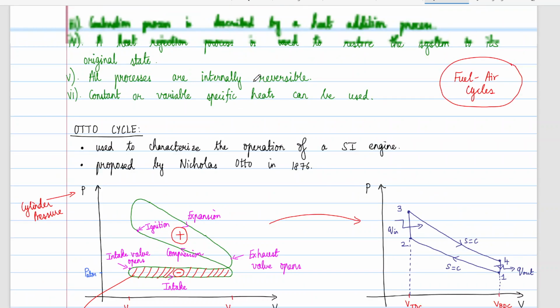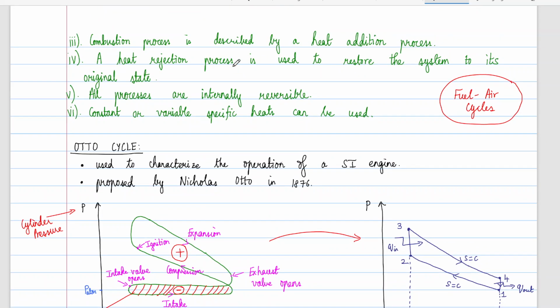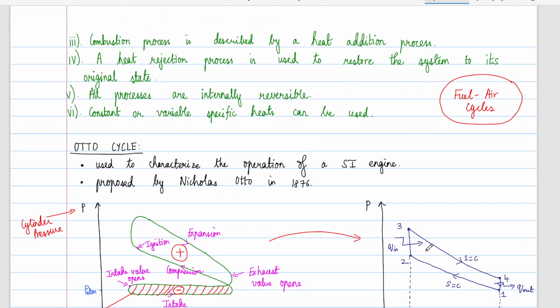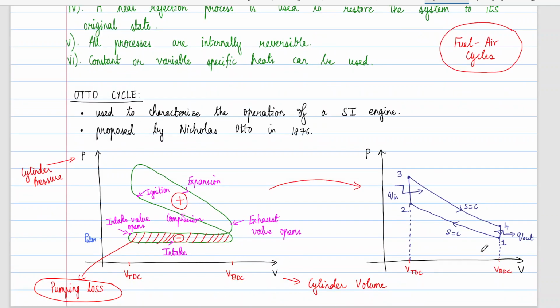As we said here, a heat rejection process. So heat addition and heat rejection processes are used. These are said to be at constant volume, right? We go from 2 to 3 as a heat addition process, and then from 4 to 1 we have a heat rejection process.